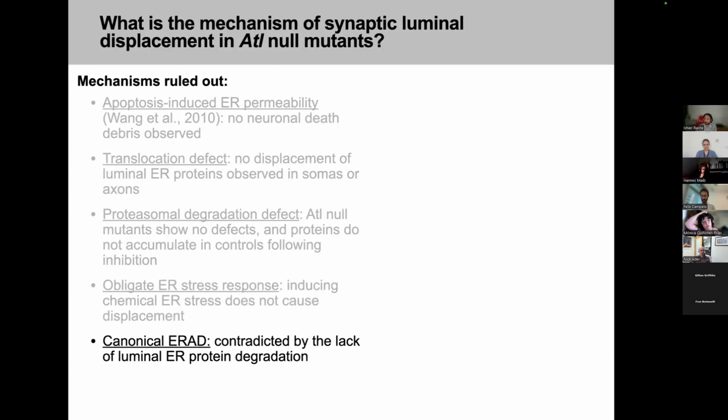And finally, we don't think this is canonical ERAD, which is ER-associated degradation, because we still see the proteins in the cytosol in Atlastin null mutants. And we've manipulated the levels of the probe that I'm expressing to visualize the luminal ER. We've looked at earlier larval stages, and we still see the phenotype. So we don't think that it's canonical ERAD.